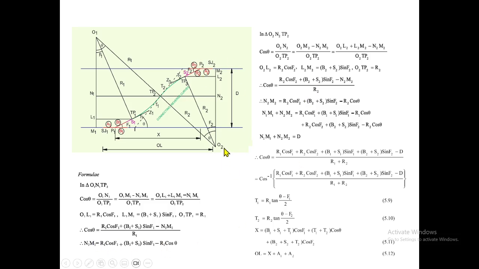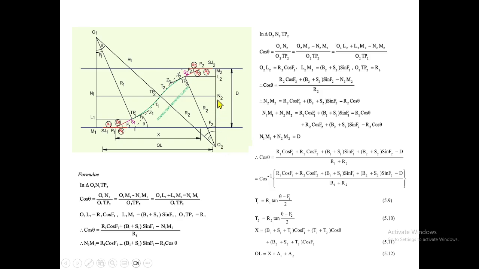Again coming to this side, O2 N2 TP2, this triangle we will take. As done on the other side, similarly we are doing this side also, that is, cos theta equal to adjacent side divided by hypotenuse, and we are expanding it this way.